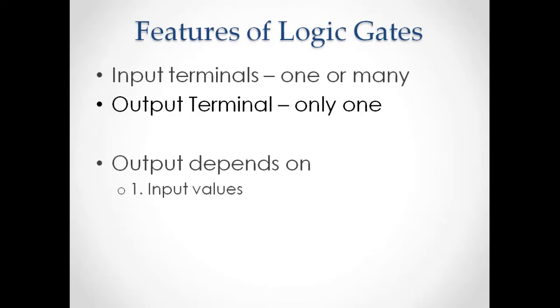One, the input values that are fed to the logic gate. What type of values are you feeding into the logic gate? That is the first thing. And most importantly, the type of logic gate, or the type of logic operation performed by the gate. This means two different logic gates may give different outputs for the same input.